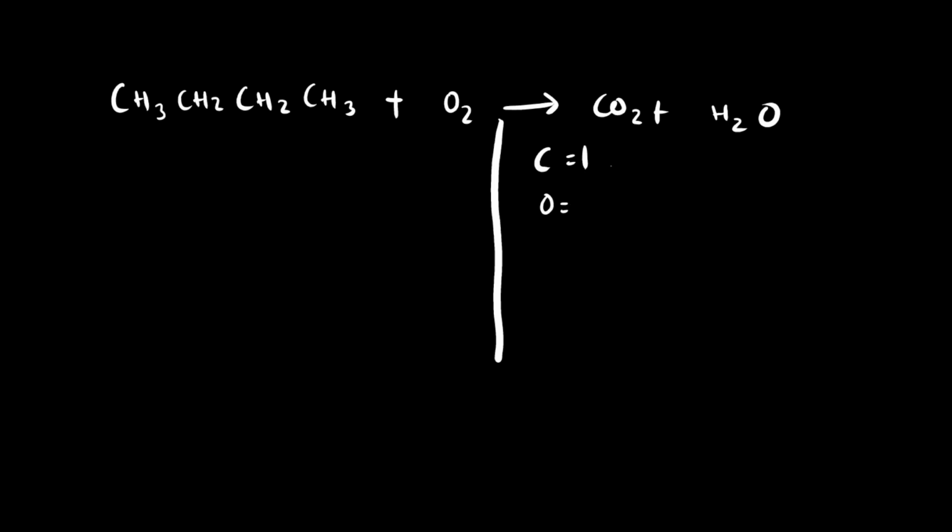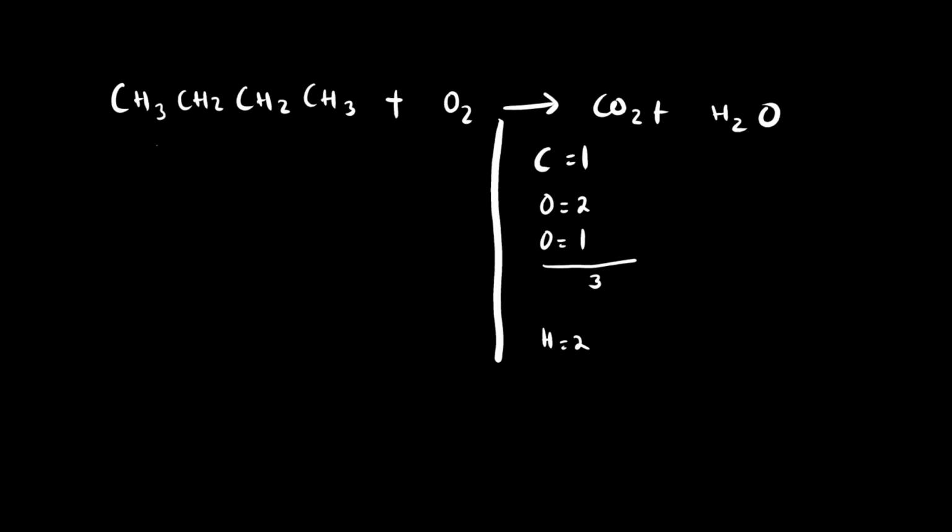So we have 2 oxygen as part of carbon dioxide, followed by 1 oxygen as part of water, to get us a total of 3 oxygen on the right hand side. And as for the hydrogen, we have 2 hydrogen on the right.